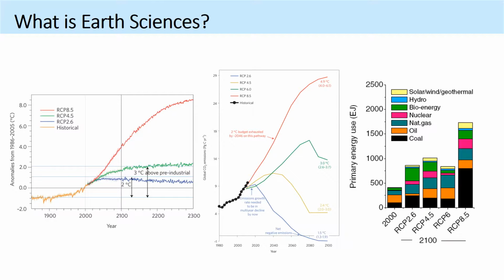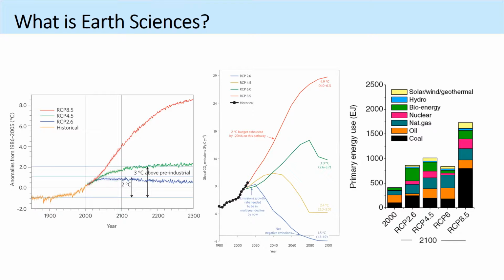This is what we're doing now, this is the blue line, this is the green line, this is I think the yellow line, and this is the red line. The black bars are us burning coal, and the blue and the orange are us burning different fossil fuels, natural gas and oil.